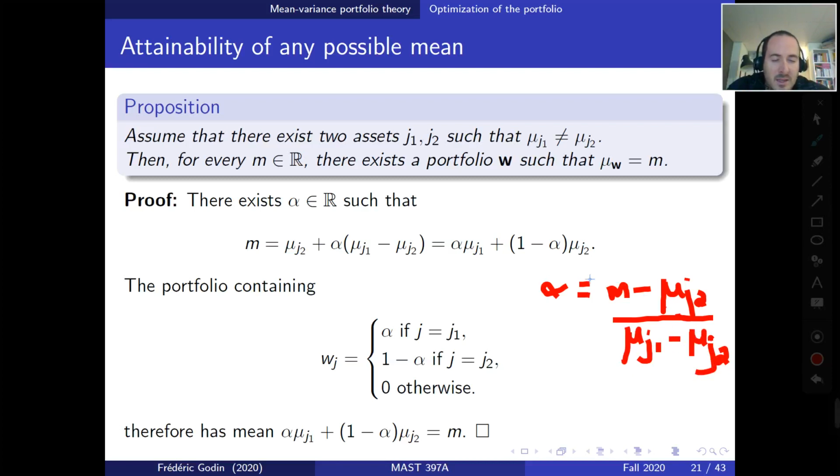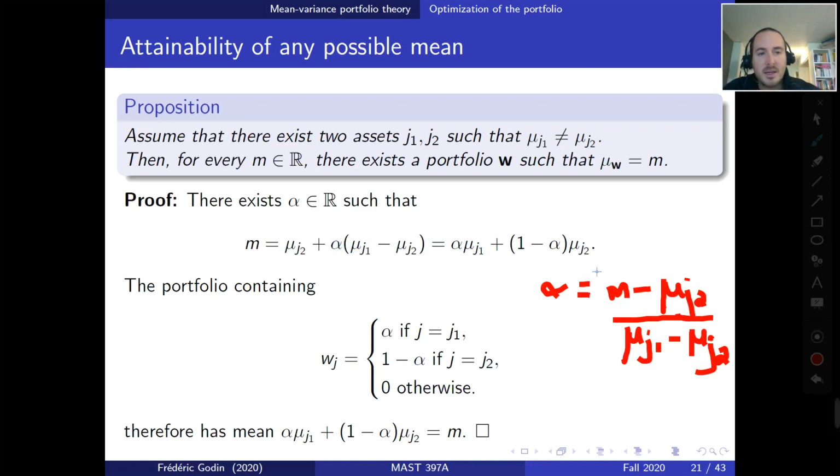Okay, so if we set alpha equal to this value, where the denominator is not 0 because of the condition that we assumed, then we have that m is equal to this expression here, and distributing alpha, this is equal to alpha mu j1 plus (1 minus alpha) mu j2.